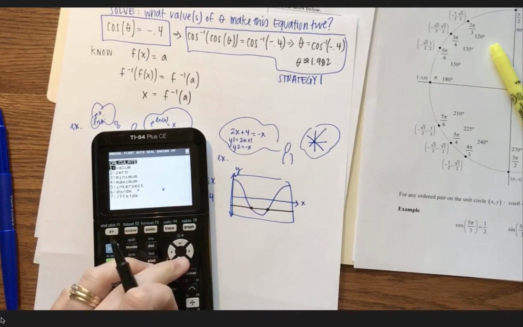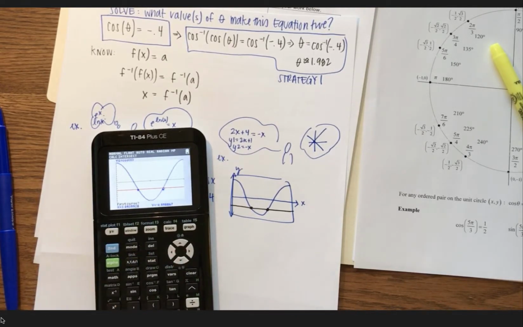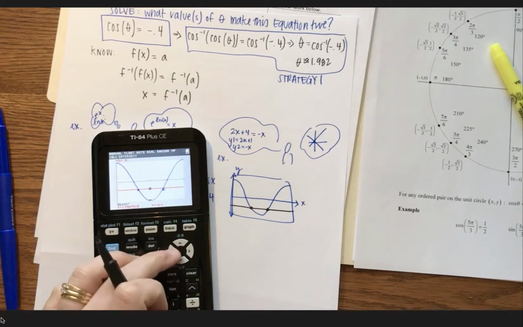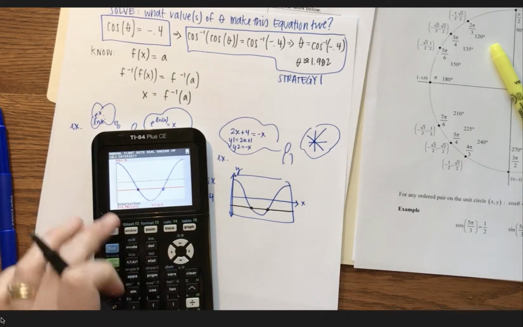I'll calculate intersection, and the first curve is in blue, the second curve is in red. I'm going to move a little bit closer to make that guess a little bit better.